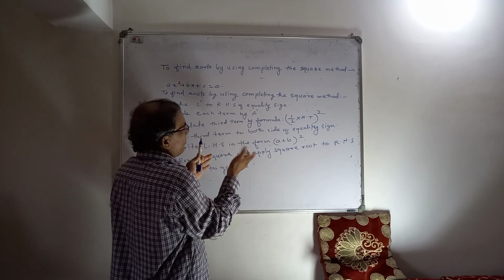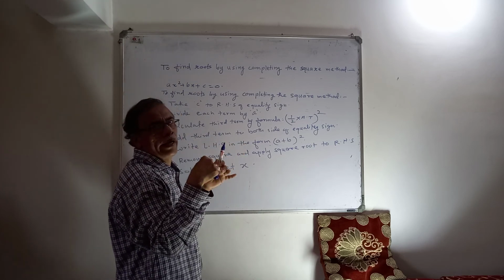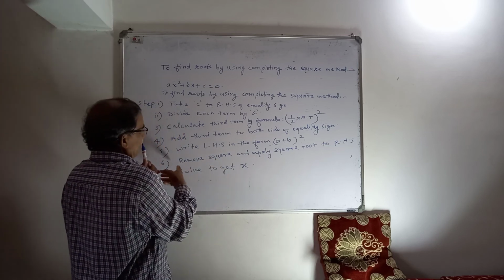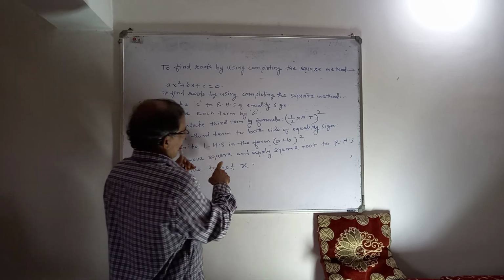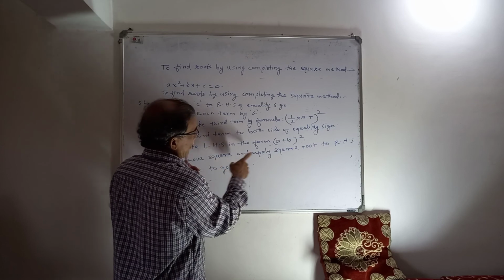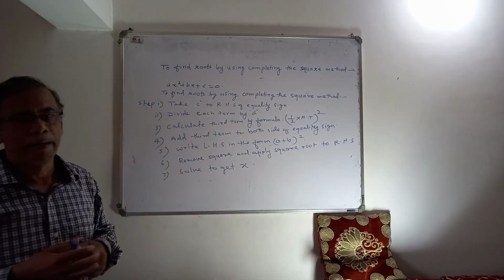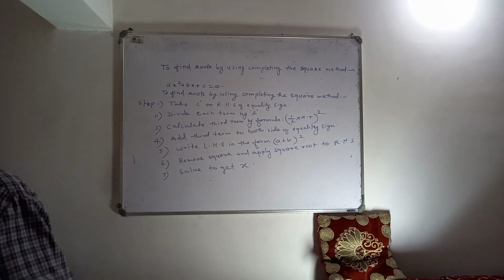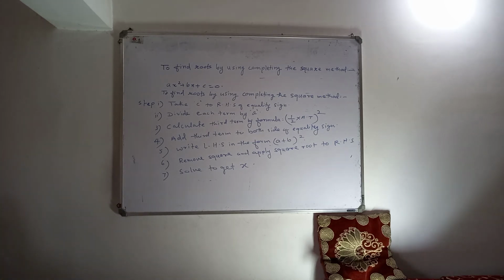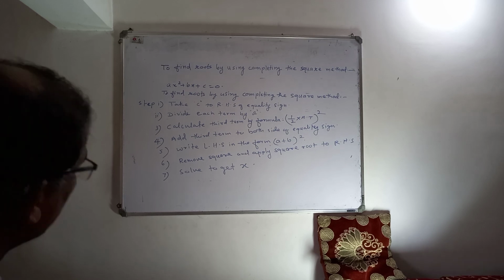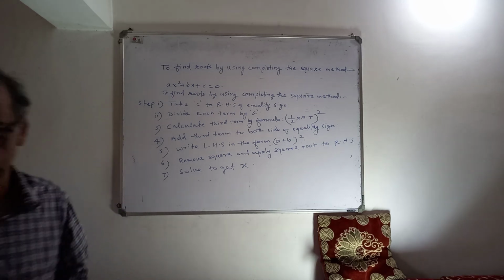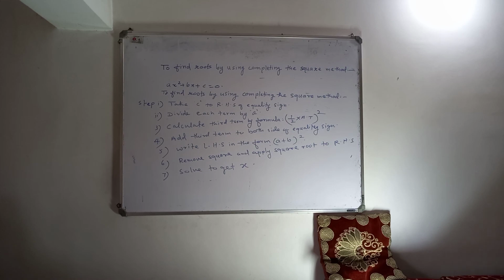When you add that third term, naturally LHS will be a plus b whole square. Then next step, remove the square on the LHS and apply square root to right hand side, and then calculation part, solve to get x. So this is how this completing the square method is used to find the roots of quadratic equation, by completing the square method.